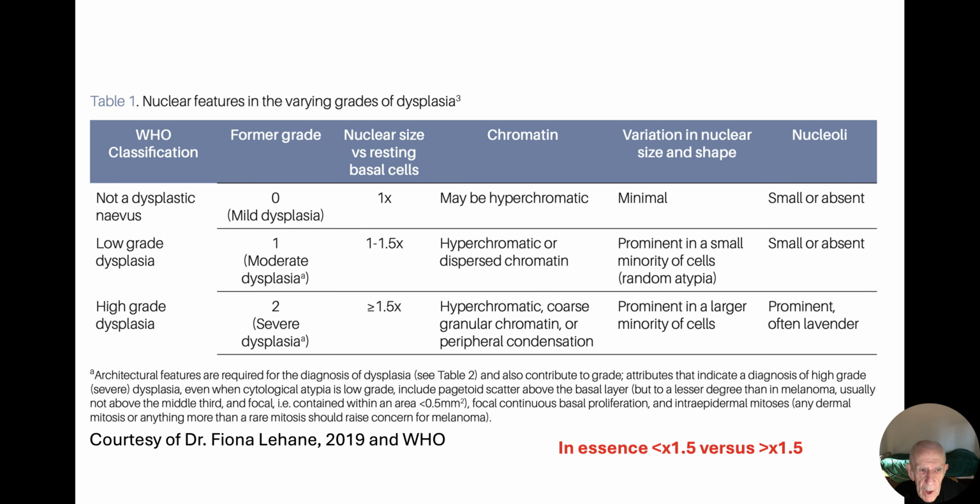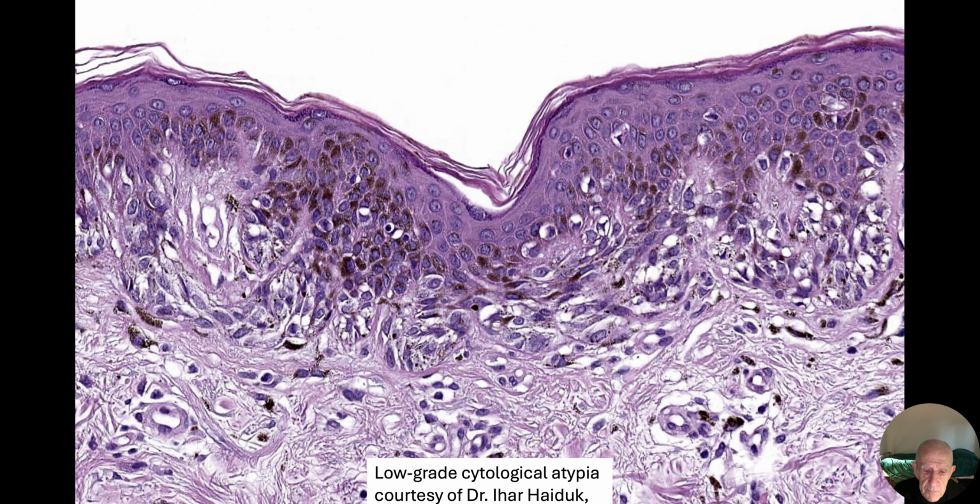So I took the easy way out, and I lump what used to be mild and moderate dysplasia into low grade. So essentially I've ignored the discussion as to why we have low and high grade dysplasia, but I do use those terms because I think they're important.